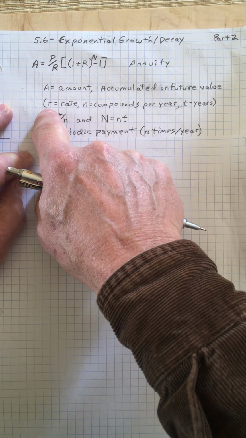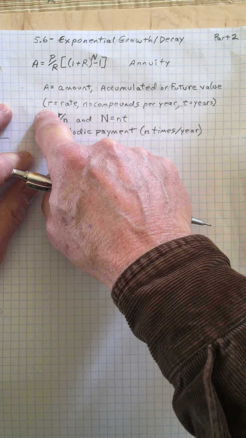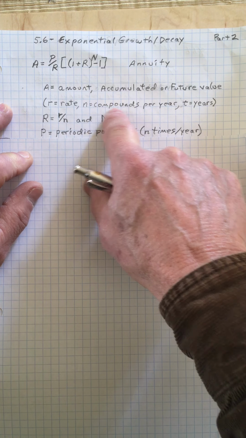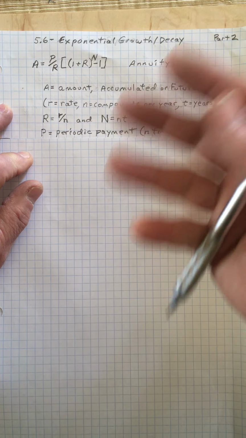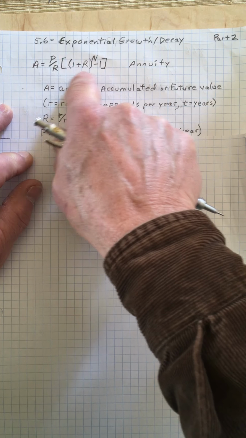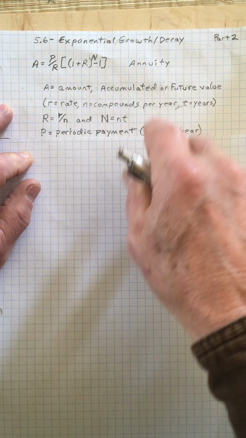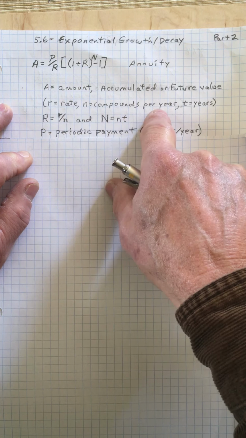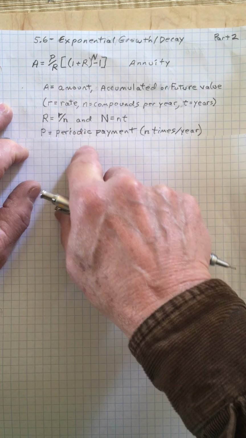In the previous equation, we had a rate, an interest rate, shall we say, an annual rate, and then we had the number of compounds per year, and we had the time in years that the investment would grow. You don't see any of those in this equation here, but they are part of the problems. What they are, though, is when you collect this information, the R and the N represent those.